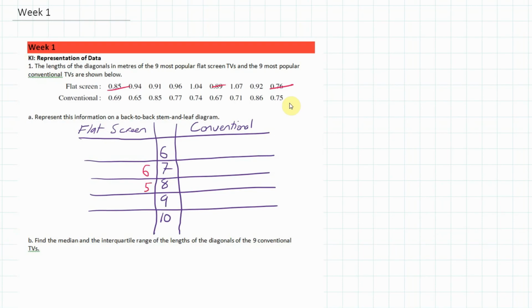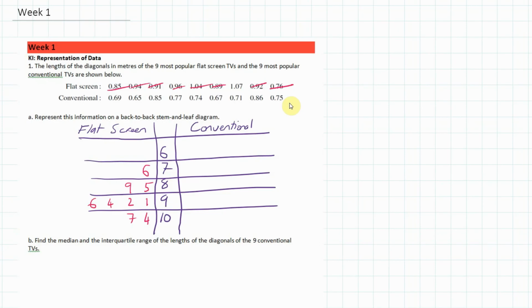You want to make sure that you have them in order. 8.5, 8.9. Then we've got 9.1, 9.2, 9.4, and 9.6, so 1, 2, 4, 6. And then we've got 1.04 and 1.07, so we'll go 4 and 7. So that's it for the flat screen. Now let's move over to the other side.